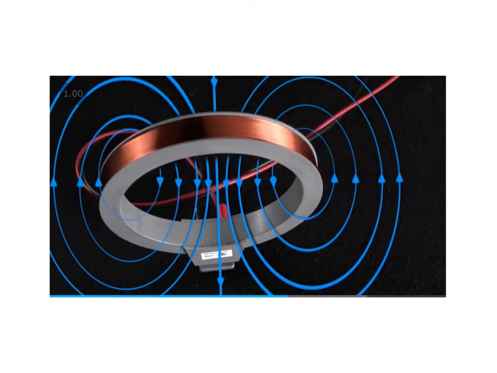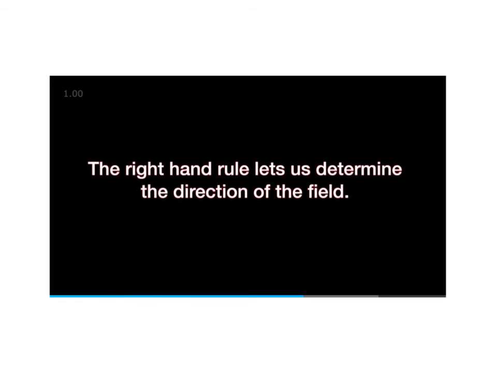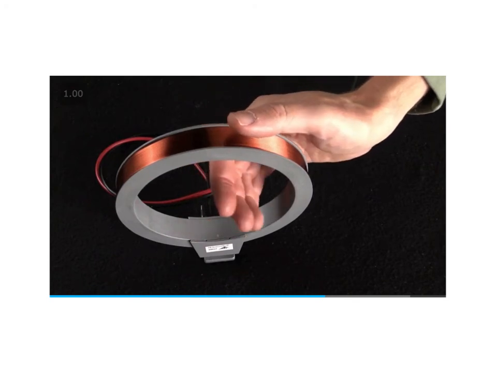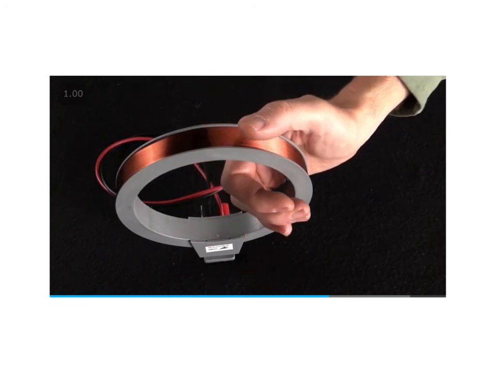They only showed one of those loops, and hopefully you'll believe the others. And here's how you use the right-hand rule to figure it out. The current is moving that way. At least that's what they're alleging with their thumb. You'd have to be able to see the ports here to be sure.